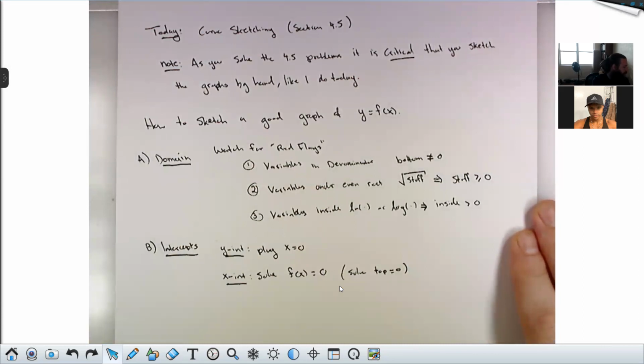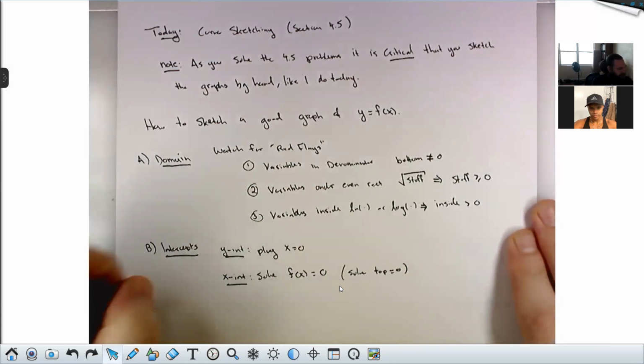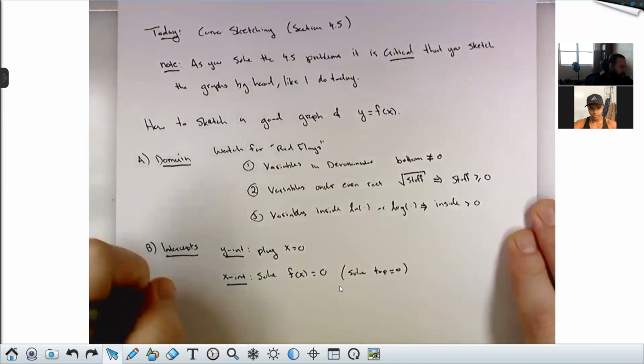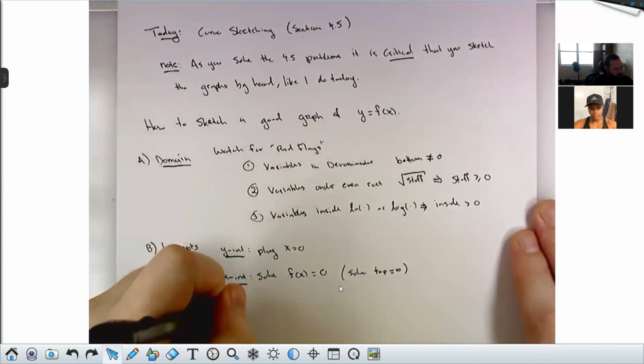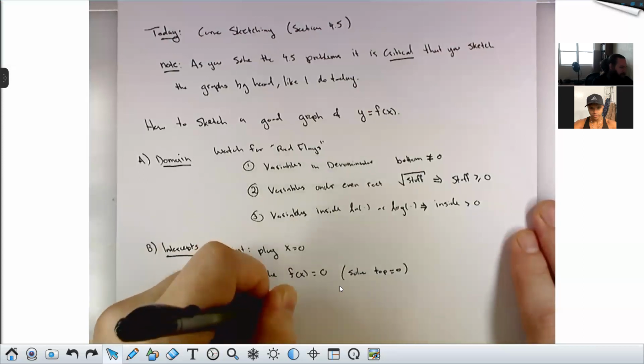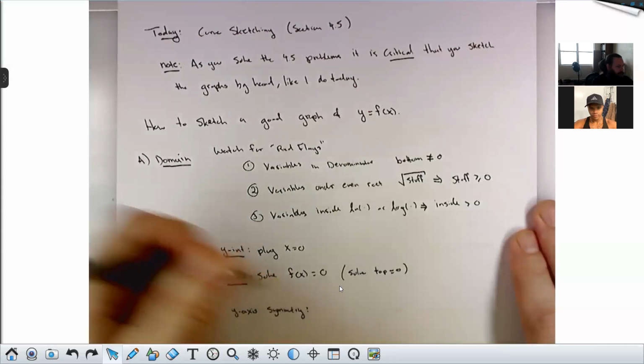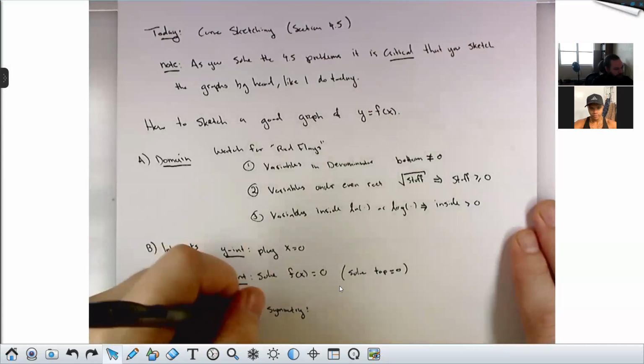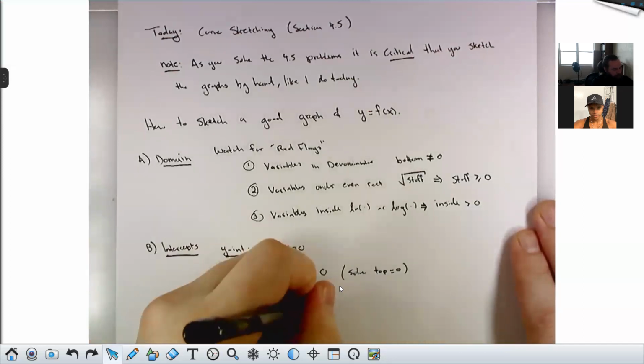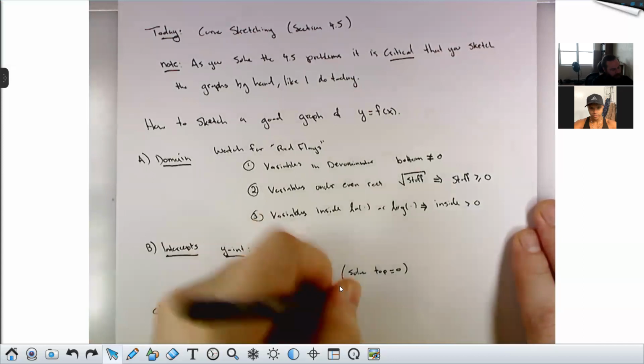Part C here, your third step, is going to be to look for any symmetry. And there's three big ones. You've got even functions. So I'll organize these by the symmetries, I guess. Y-axis symmetry. This would mean you have an even function.